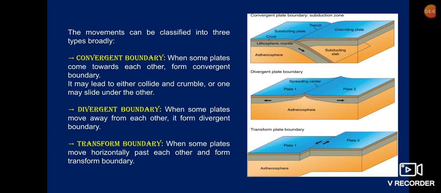Divergent boundary is when plates move apart from each other, leaving a gap between them which gets filled with the molten rock which oozes from below the crust. The third form is the transform boundary. When plates slide past each other, scraping and deforming as they pass, this type of movement is called a transform boundary.